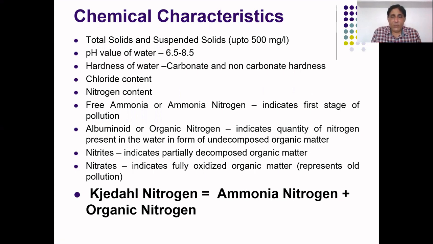The pH value of water, hardness of water, chloride content, nitrogen content. Nitrogen content included free ammonia or ammonia nitrogen, albuminoid or organic nitrogen, nitrites and nitrates. There was also Kjeldahl nitrogen, which is the ammonia nitrogen plus the organic nitrogen.